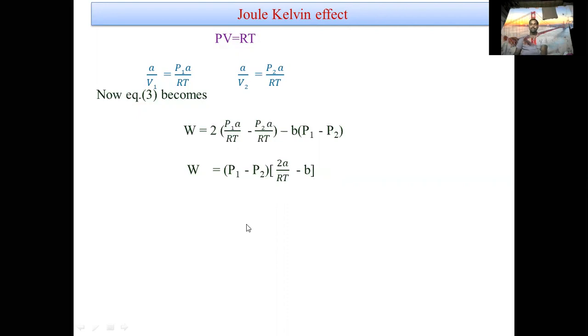Now this is the work done, and that work is drawn from the internal energy. Since the work comes from the internal energy, let the change or fall in temperature be dT, and the specific heat at constant pressure be Cp.